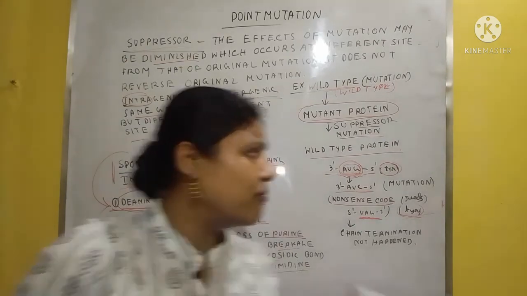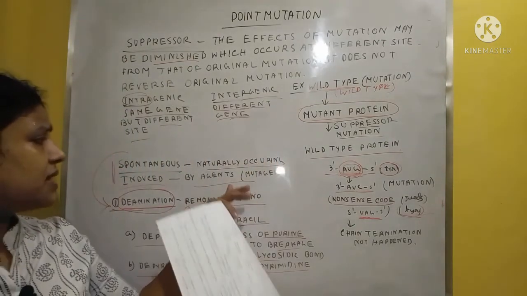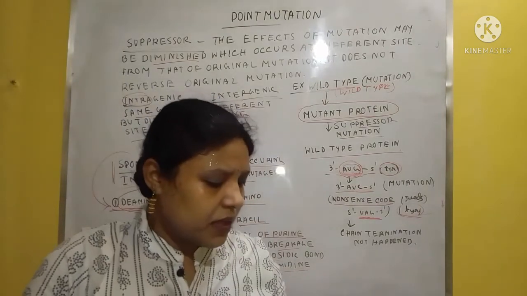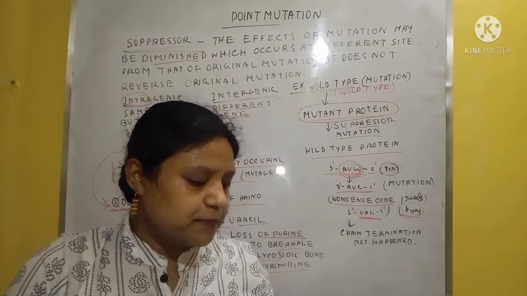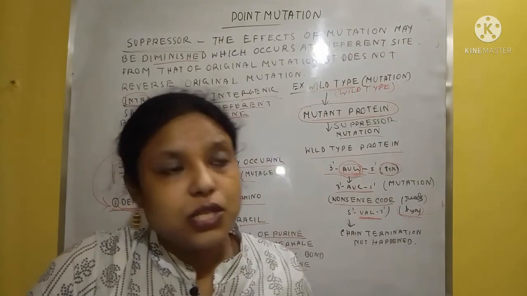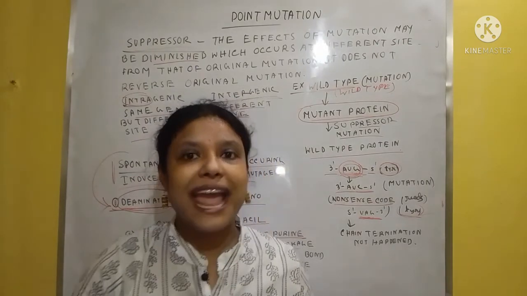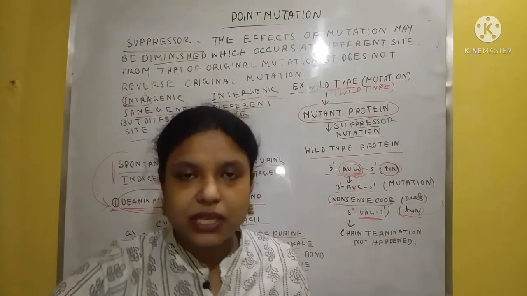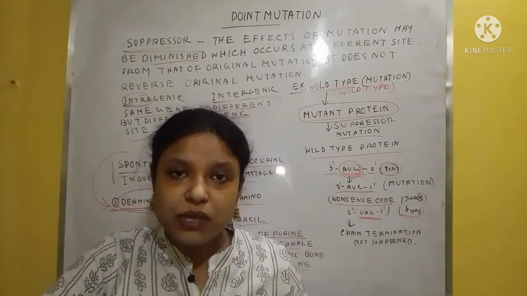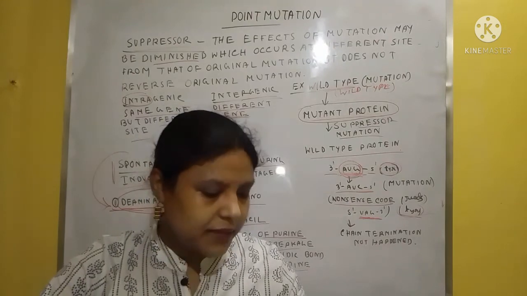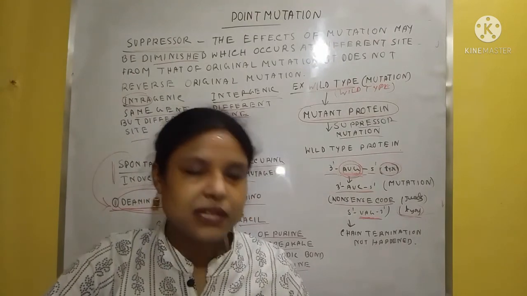You can also say it is one kind of induced mutation, because here the role is played by the reactive oxygen. So the attack by the reactive oxygen species creates the mutation, and this is called mutation by oxidative damage. And the last one is the transposition.